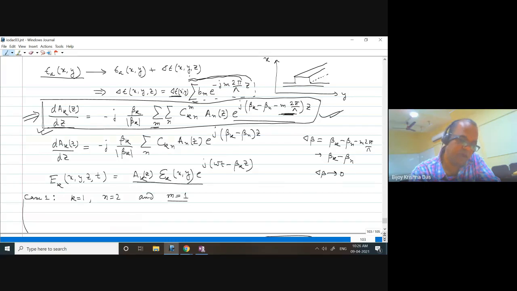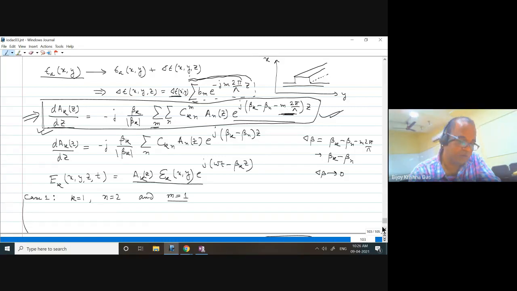Because of m equal to 1, what am I considering? I'm considering the kth mode, the evolution of the kth mode, and coupling with the k equal to 1 mode, coupling to the evolution of mode 1 because of the presence of the perturbation of mode 2 happens because m equal to 1.